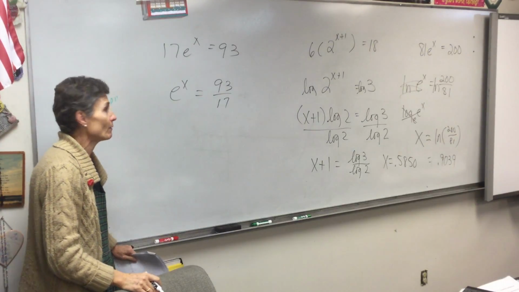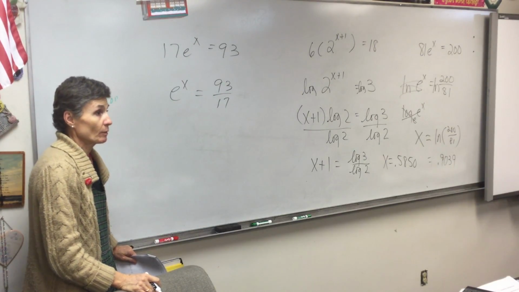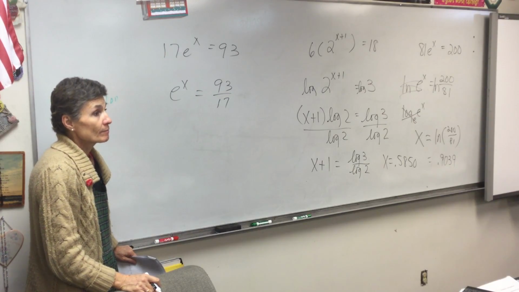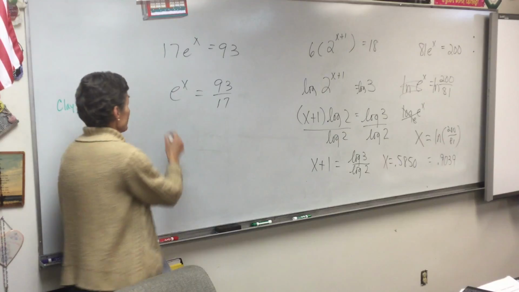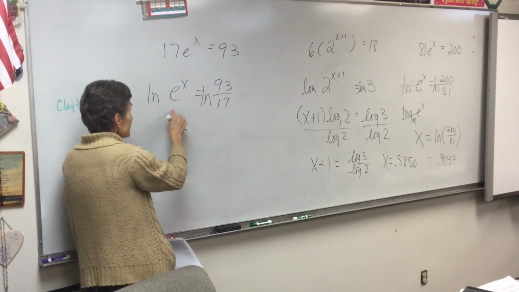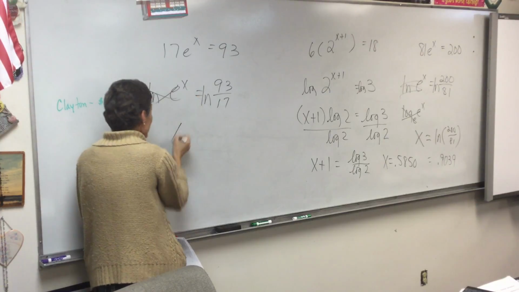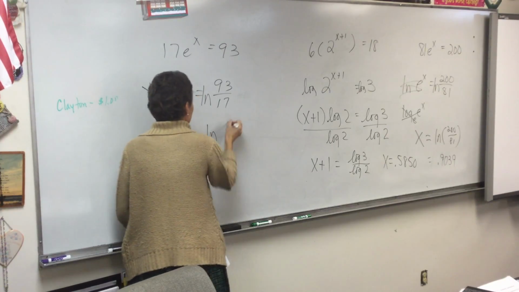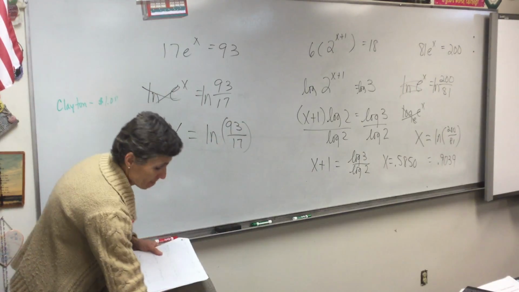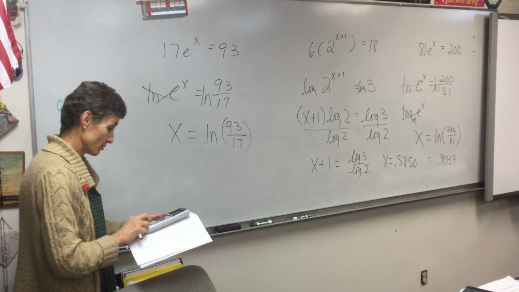I'm not worried about it. I'm going to deal with it. Now what? ln both sides. And because over here I'm lning an e, that's gone, and x equals ln 93/17. That's all there is to it.